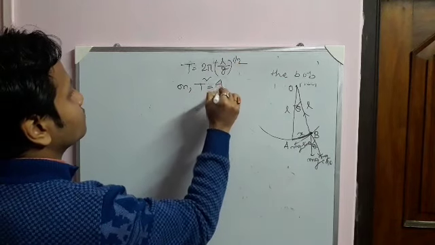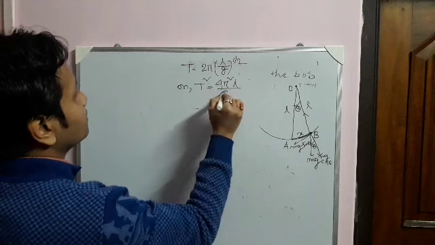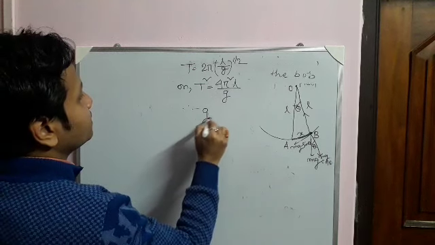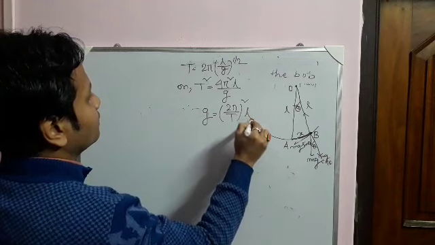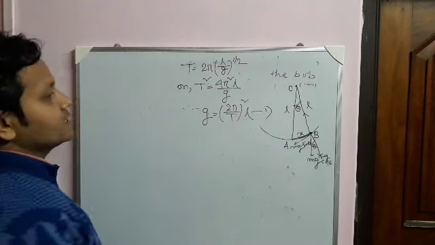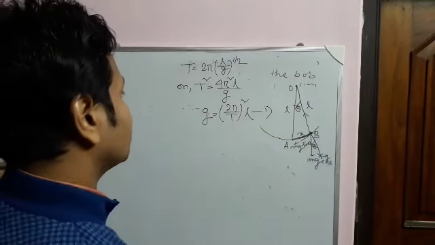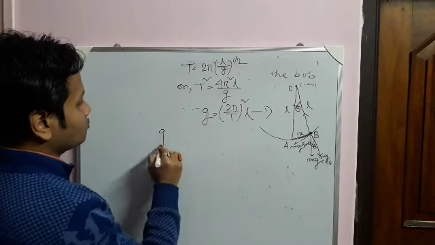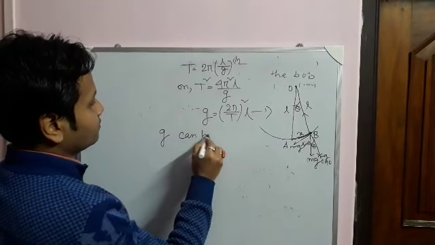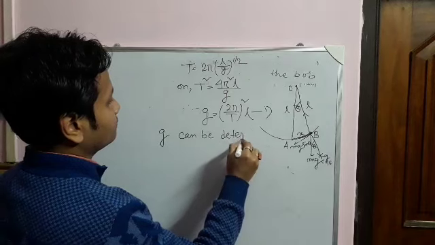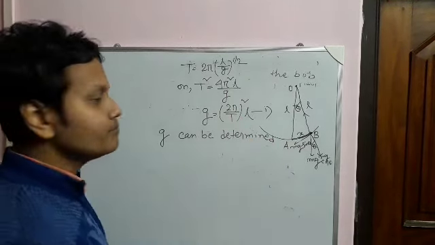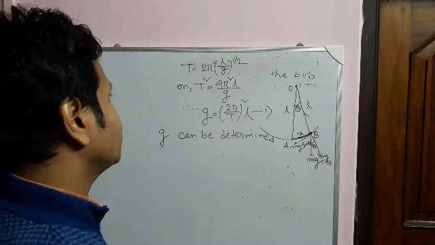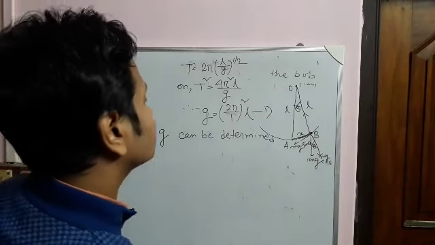T square equals 4 pi square L by g. From which we can easily tell g equals (2 pi by T) whole square into L. So knowing all the quantities on the right hand side, g can be determined. So this is one use, that the acceleration due to gravity of any place can be determined. Okay, this is the first use.